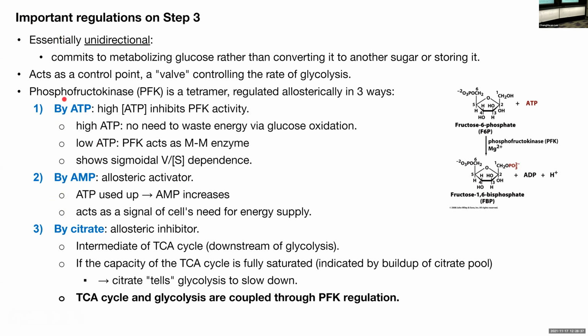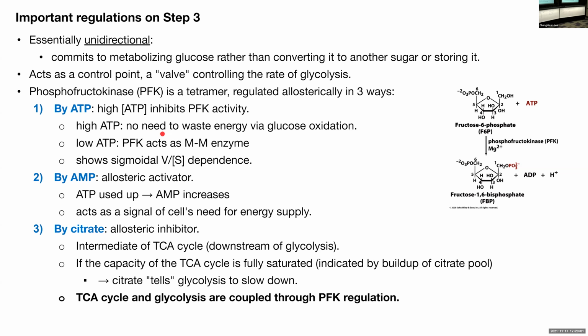The first one is using ATP, and when there's a high ATP concentration, it inhibits the PFK activity. Again, this is the enzyme that is catalyzing this reaction. And that actually makes sense because when you have high ATP in the cell, you don't need to generate any more ATP.